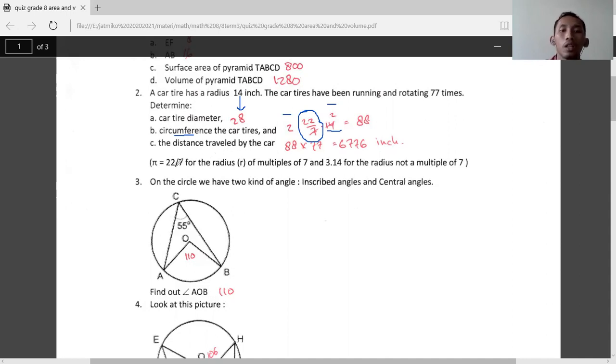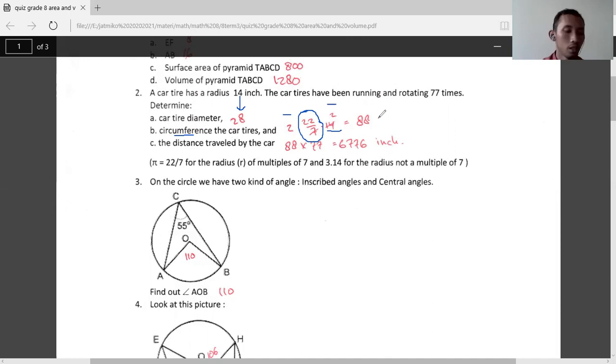And if the number is a multiple of 7, like 14, 21, or maybe 10.5, that we can divide by 7, I suggest you use 22/7. That's why we try to avoid using a calculator. So here it is 88.